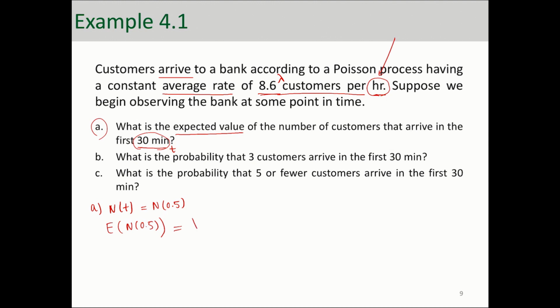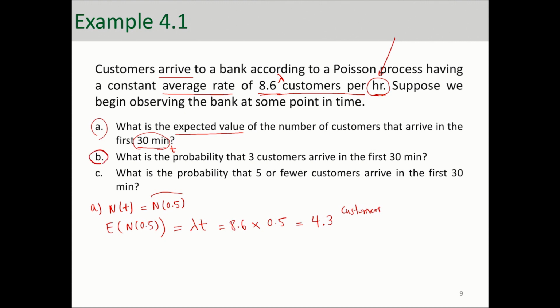We know that that is equal to lambda t. Lambda is 8.6 customers per hour, and the t is 0.5. So the expected value is 4.3 customers. 4.3 customers is the average number of customers coming in half an hour.